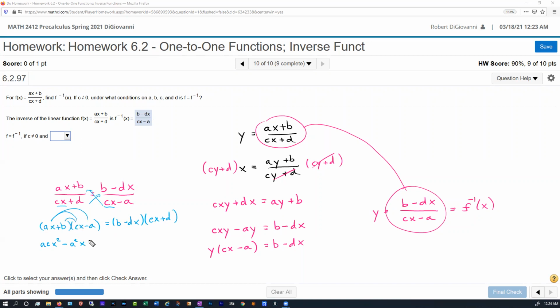And then here to here, we get plus bcx. That must equal, here we get bcx. Here to here, we get plus bd. Here to here, we get negative cdx squared. And then the last one, we get negative d squared x.